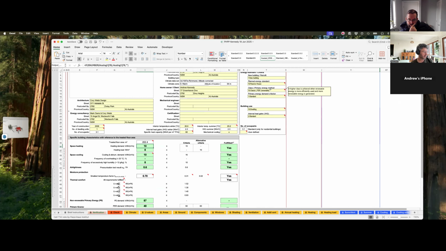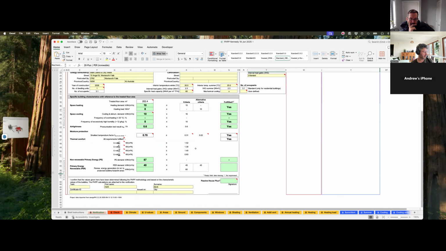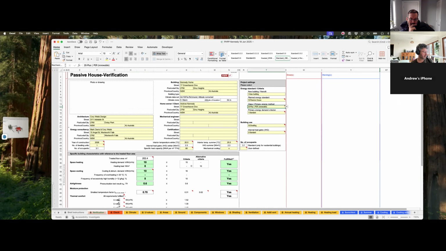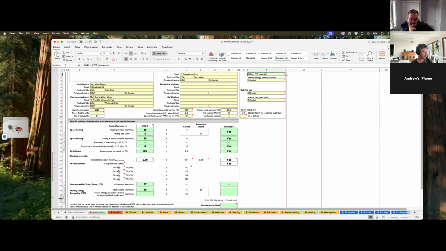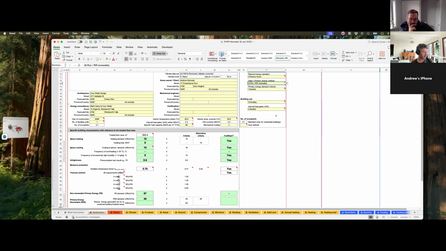At the moment, we just pass Passive House. I've got Classic. Plus. Do we pass Plus? I don't know until we get the solar in.